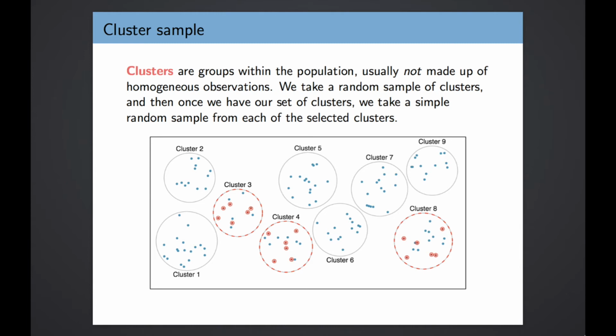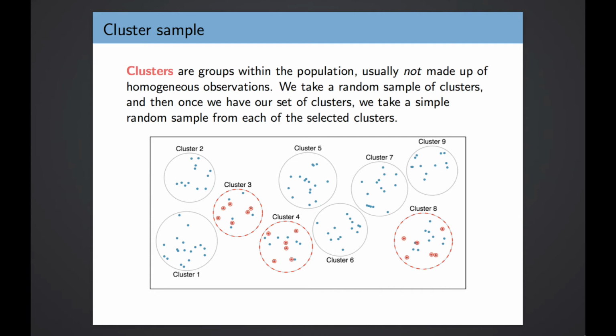Unlike in the stratified random sampling case, I'm not grouping together my population observations based on a particular characteristic. I'm just dividing them into particular clusters. And then I take a random sample of those clusters and take a simple random sample from within each of those clusters.